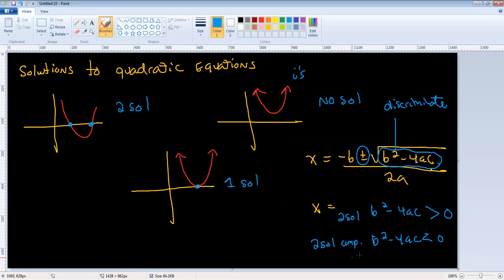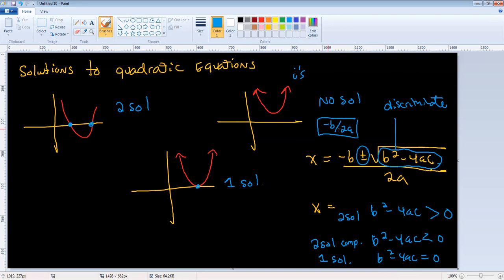Now, what about when this thing equals 0 perfectly? Well, that's going to be the one solution. The one solution is when this discriminant is going to be equal to 0, and there's just going to be one solution, and that's it. Because when this is equal to 0, the plus or minus goes away, and you just get negative b over 2a for the one solution case.